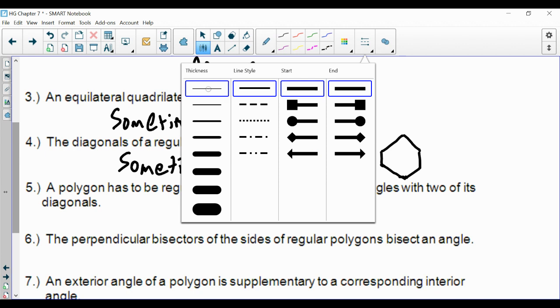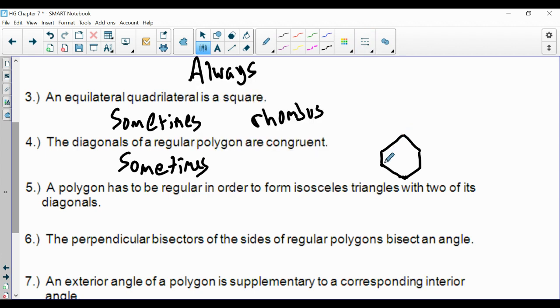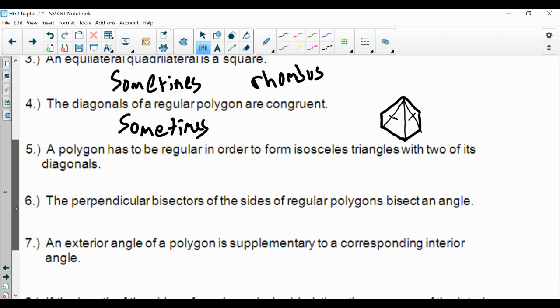If I draw even just the diagonals from one vertex, I have this guy and I have this guy. Those would definitely be congruent. But if I draw the one that goes straight, like vertical, it's definitely longer than those two. So right there, you can see, even in the case of a hexagon, it is sometimes true. We know it's true for regular quadrilaterals, so that's why it's sometimes.